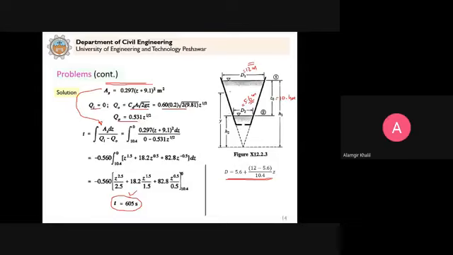So let us assume this is Z, because I can calculate the diameter at any intermediate point. In this 10.4 meter, how much is the change occurring? 12 minus 5.6. When you simplify, this is equal to 5.6 plus 0.615 times Z.